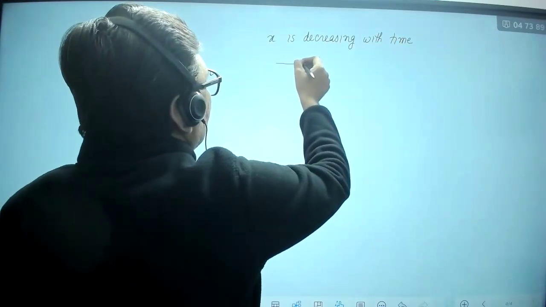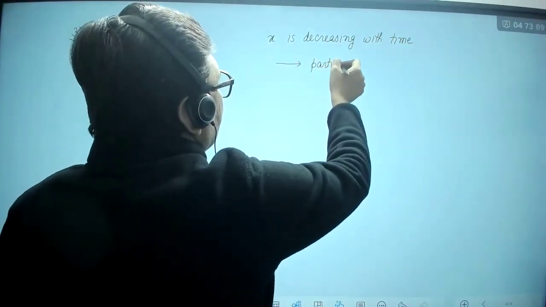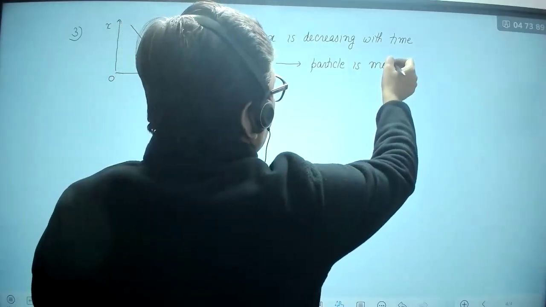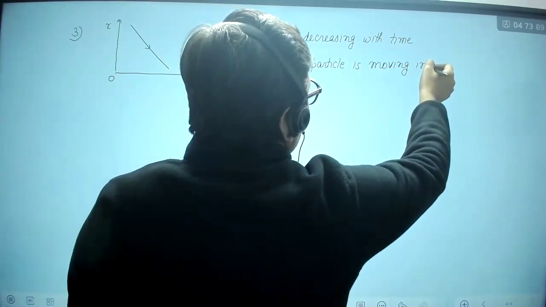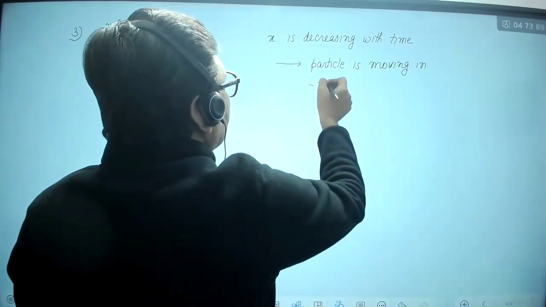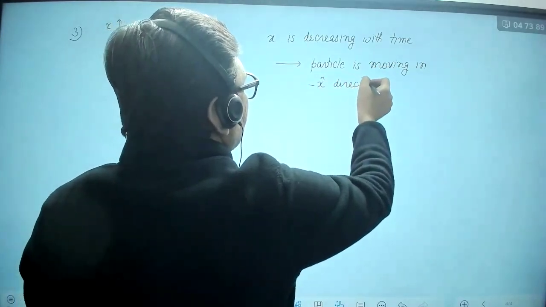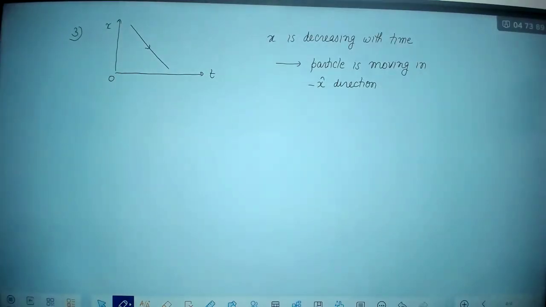It means the particle is moving in minus x cap direction. This is the first conclusion.